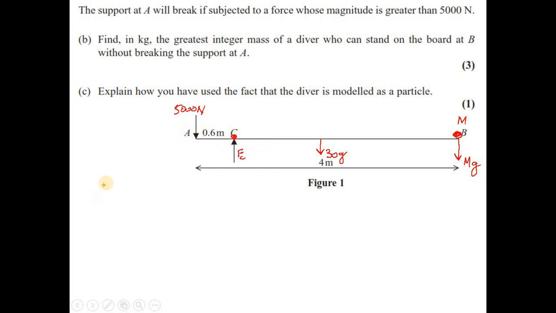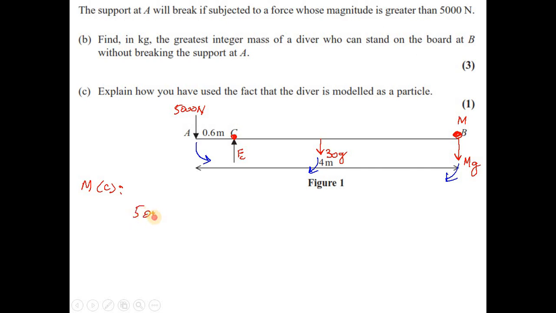So the moment about C, you see how many clockwise and anti-clockwise. This is your pivot, so the 5000 is going to produce anti-clockwise moment, against clockwise moment.